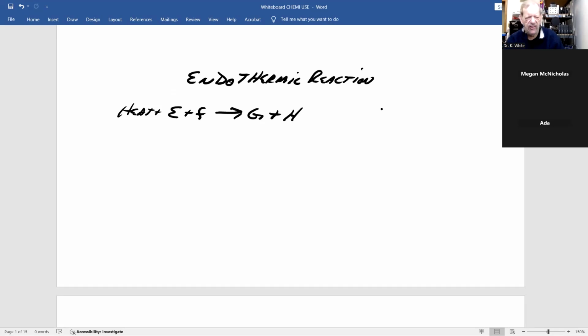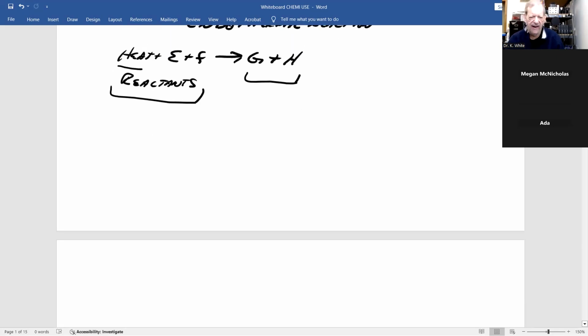Why? Because heat is on the reactant side. You have to add heat. Now, again, the total energy on the reactants is the same as the total energy of the products.